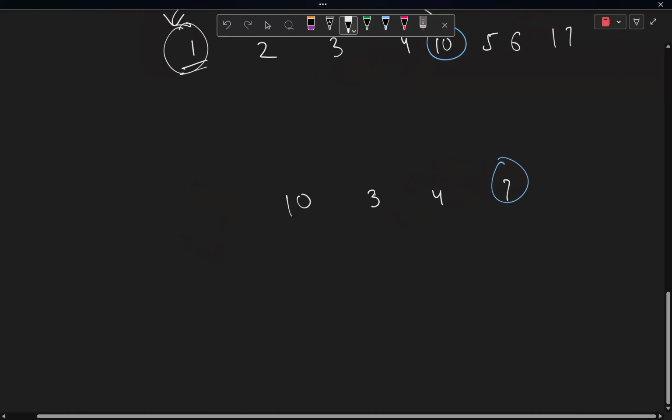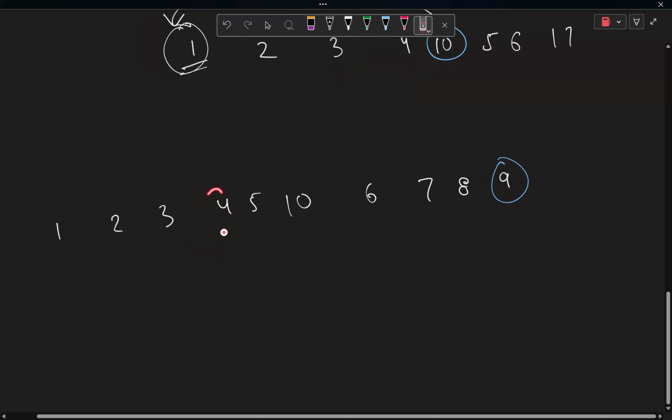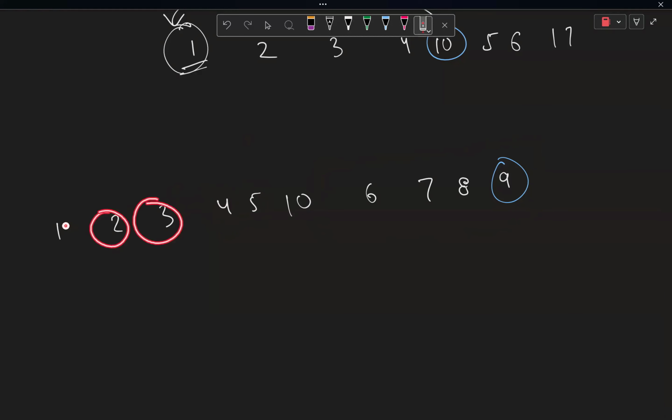But if it was something like 1, 2, 3, 4, 5, 6, 7, 8, and 9 was your cow, then swapping with anybody among these will never make sense, because you will just lose your first game itself. Swapping with this 4, or 5, 4, 3, 2, or 1, at the end of the day you will lose to the same person, that is 10.